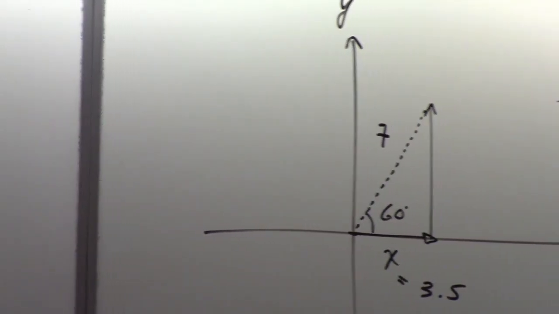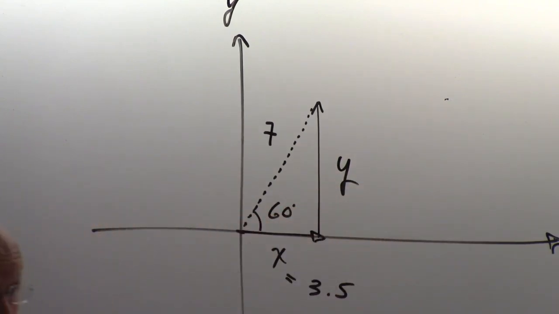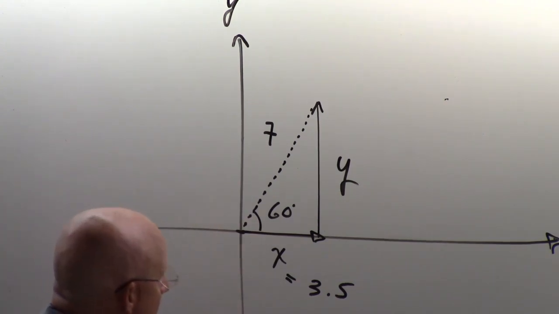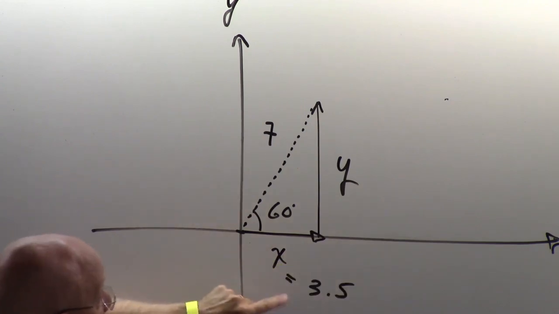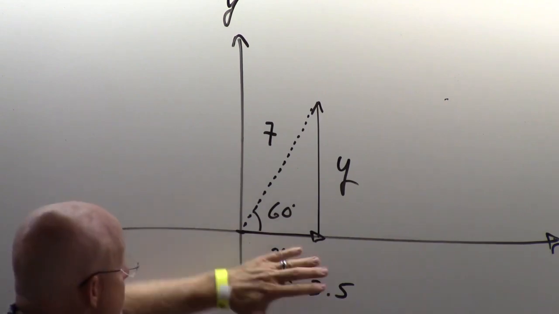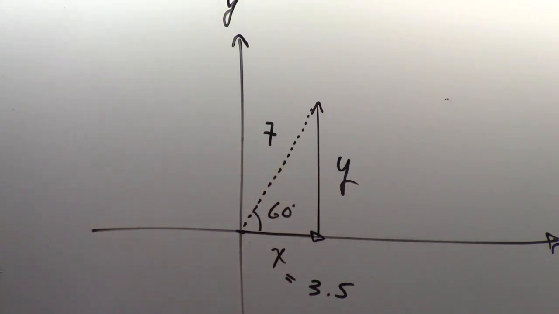Now, let's also say I wanted to find what that is equivalent to in the y motion. Now, I'm looking at this problem, and you could even pretend I don't know the x. Obviously, I do, because once I know the x, I could use any of the trig functions. But if I didn't know the x first, I'm looking at opposite and hypotenuse. Which trig function is that? That's the sine.